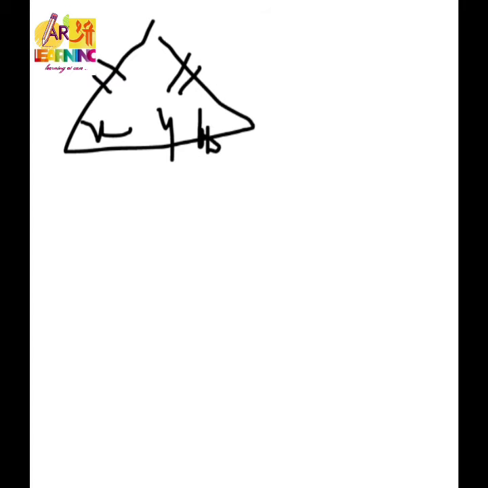So since the triangle is isosceles and two sides are equal, we can name the triangle ABC.